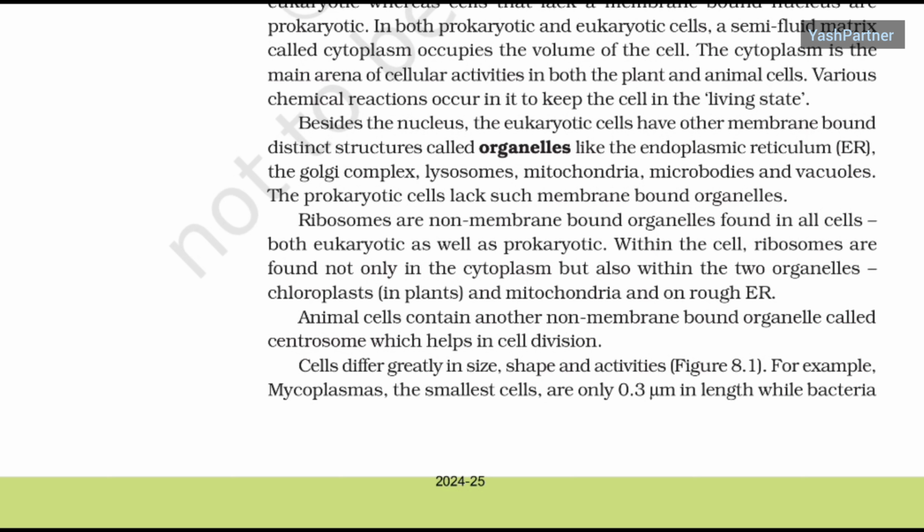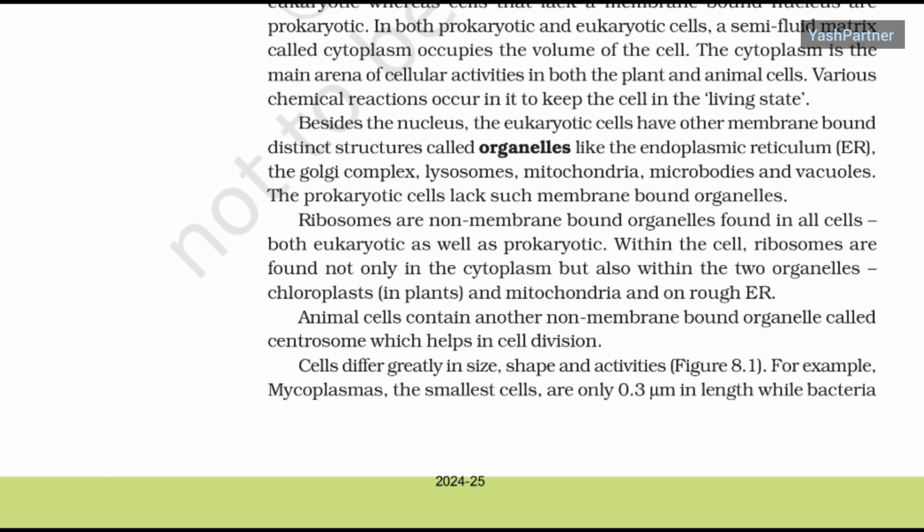Ribosomes are non-membrane-bound organelles found in all cells, both eukaryotic as well as prokaryotic. Within the cell, ribosomes are found not only in the cytoplasm but also within the two organelles, chloroplasts in plants and mitochondria, and on rough endoplasmic reticulum. Animal cells contain another membrane-bound organelle called centrosome, which helps in cell division.